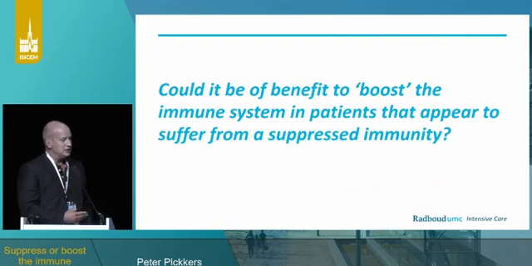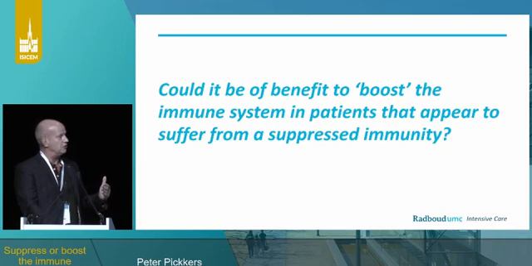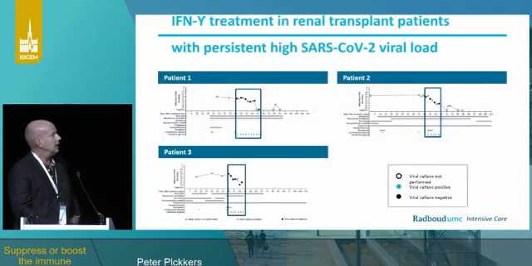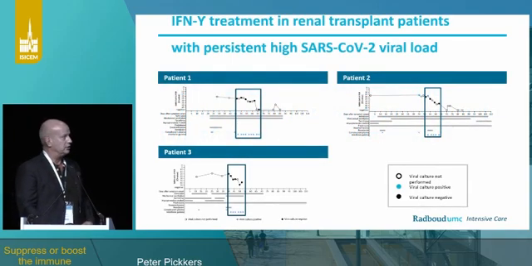Now, the next question is, could it be of benefit to a subgroup of patients to boost the immune system if they suffer from a suppressed immunity and, for example, have ongoing persistent shedding of the SARS-CoV-2 virus, or if they have opportunistic infections? So there's no literature on it at all, but we have some case reports, and I will tell you this. We have treated several renal transplant patients that had COVID-19.